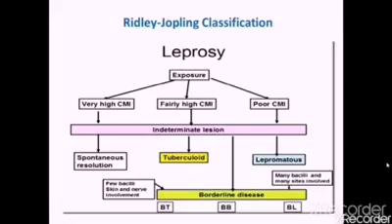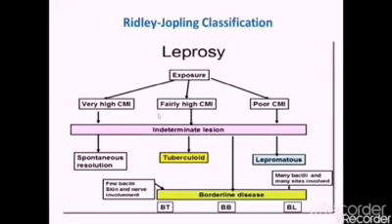Now let's talk about the Ridley-Joplin classification. Progression of disease will depend on the patient's immune response to Mycobacterium leprae. Once there is an exposure and the cell-mediated immunity is very high, this infection can resolve itself spontaneously.